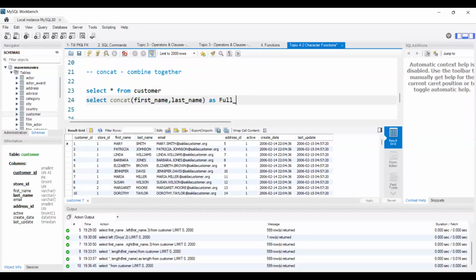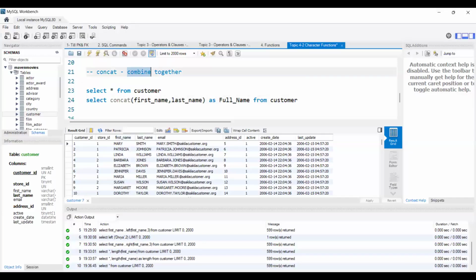Concat of first name comma last name as full name from customer table. Previously I had first name and last name as two separate columns. By using concat, we can combine the columns together.